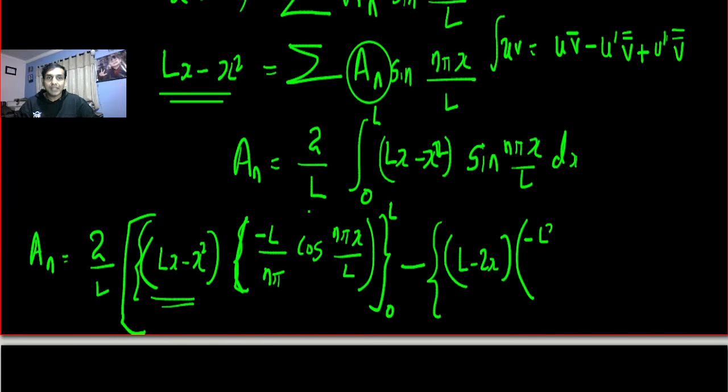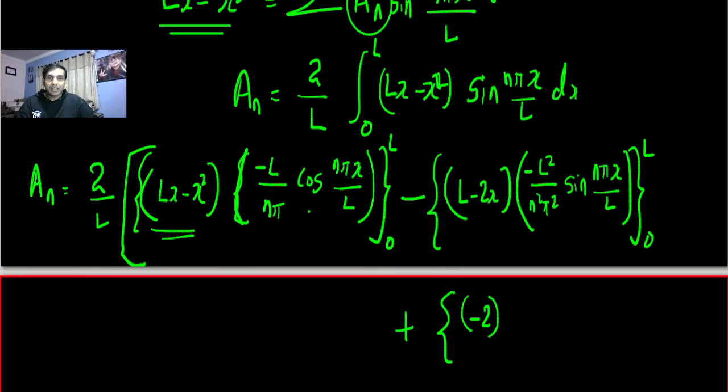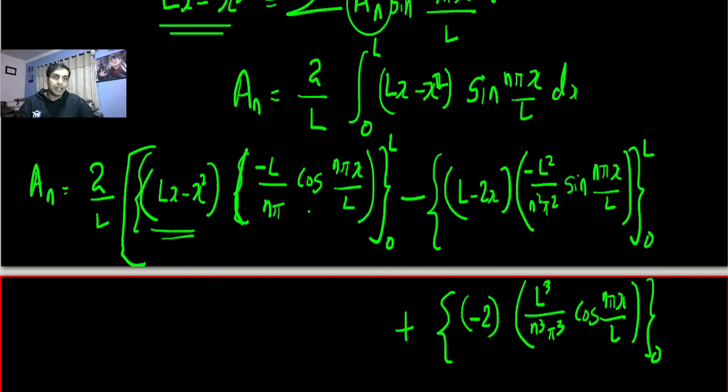So minus L square by n square pi square, because integration of cos is positive, so that negative will stay, and sin(n pi x by L), close the bracket, 0 to L, and then again plus minus 2, and again it will become plus because integration of sine is negative, L cube by n cube pi cube cos(n pi x by L), 0 to L.